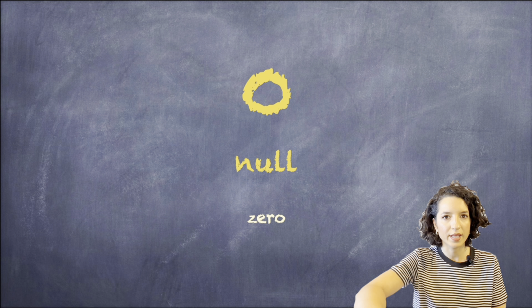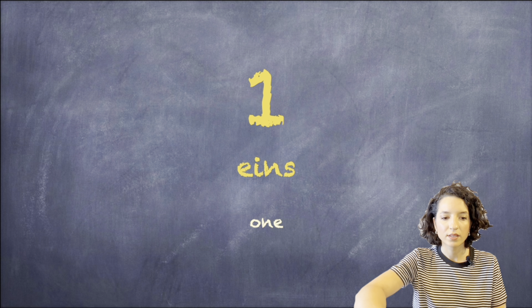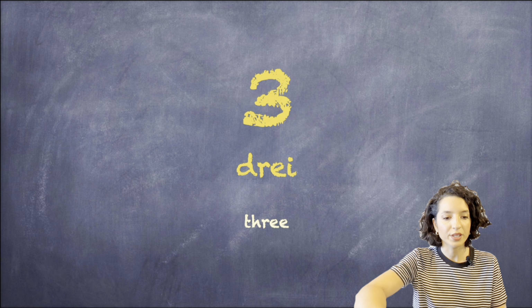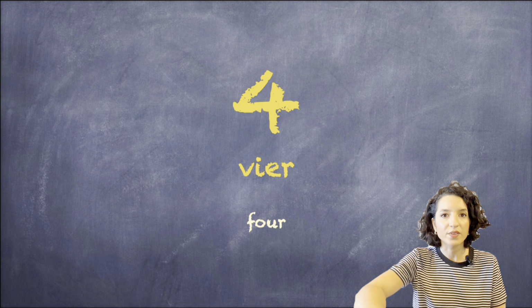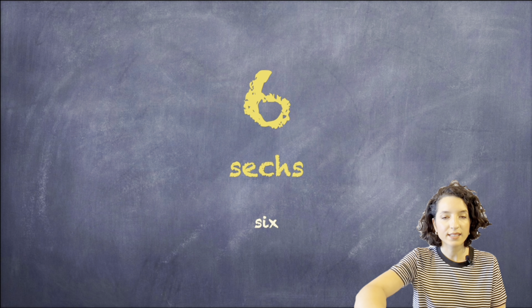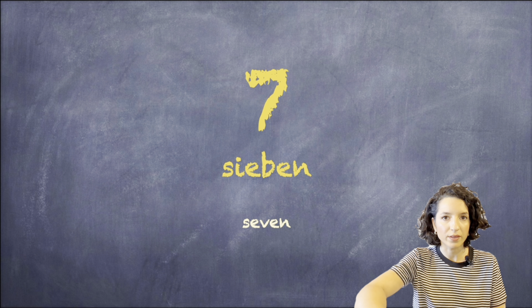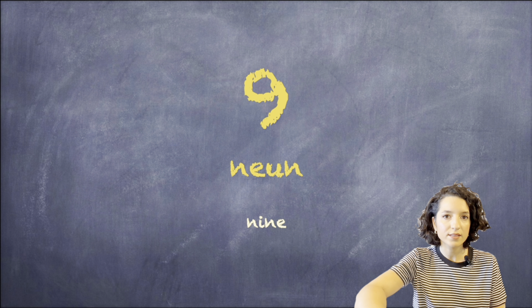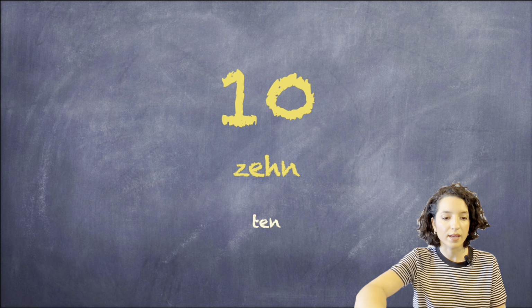So 0 is 0, 1 is 1, 2 is 2, 3 is 3, 4 is 4, 5 is 5, 6 is 6, 7 is 7, 8 is 8, 9 is 9, and 10 is 10.